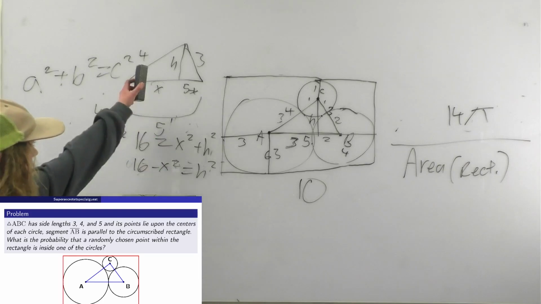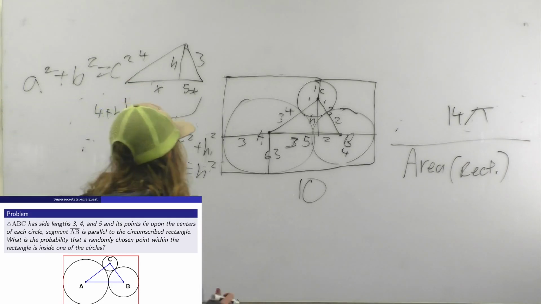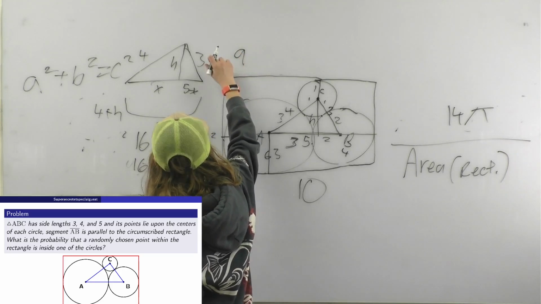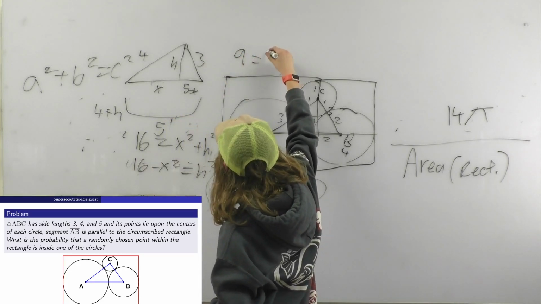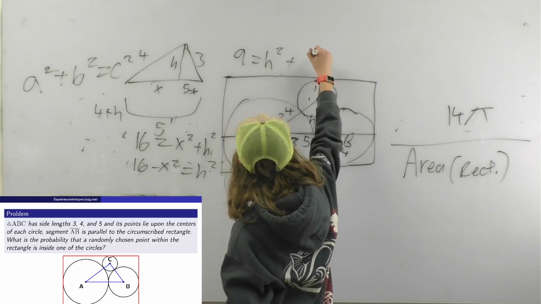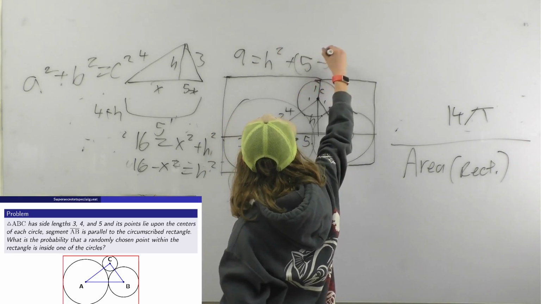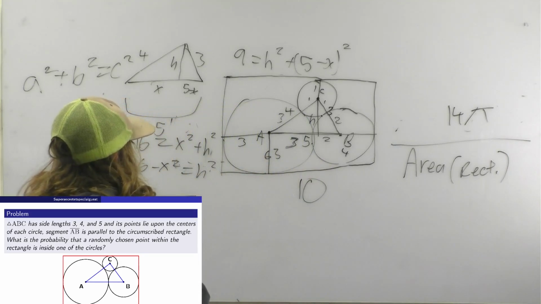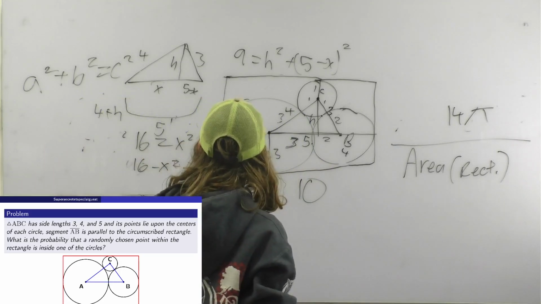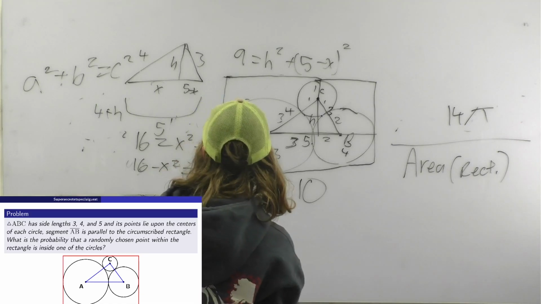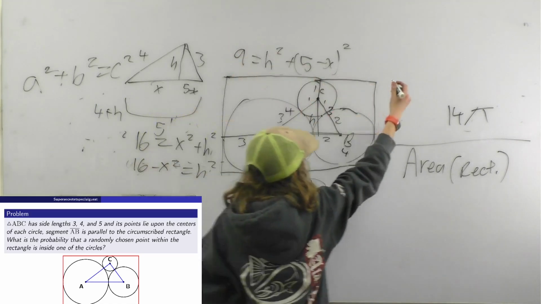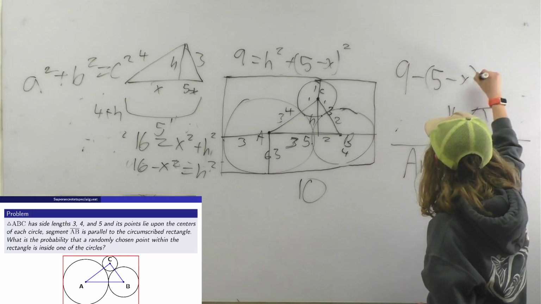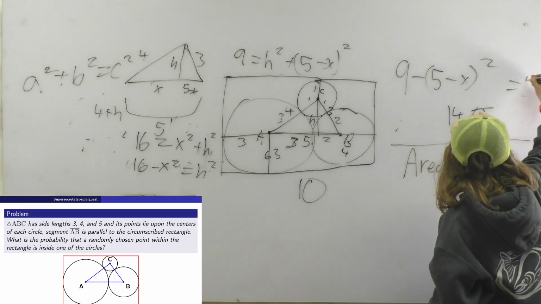And then let's do this other equation. This is the hypotenuse, so it's going to be 9, because 3 squared equals h squared plus (5 minus x) squared. And then let's also just isolate h here. That's 9 minus (5 minus x) squared equals h squared.